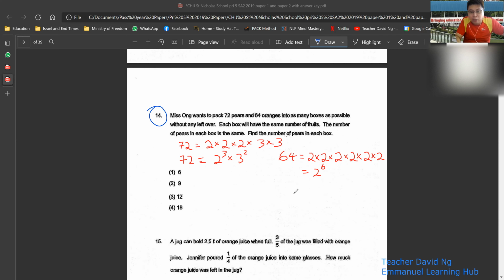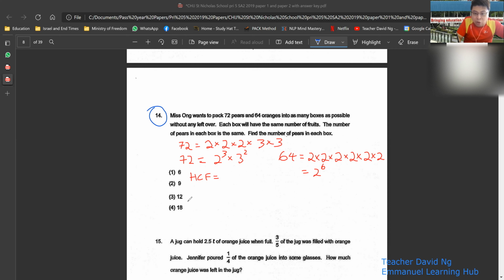So when I do this, you can calculate the highest common factor of 72 and 64. Do not be deceived by the word highest, because it is a factor, you will not be getting a large number.